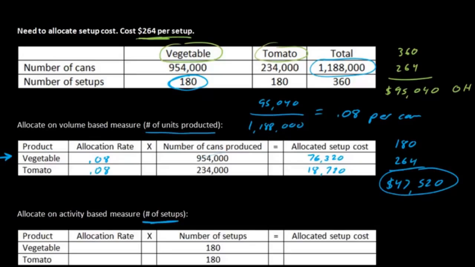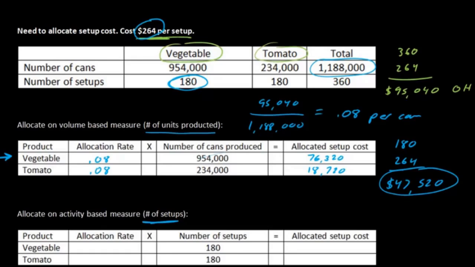So what we can do to fix this problem is use an activity-based allocation method. So an allocation is based on some kind of activity and not necessarily the volume of units produced or labor hours used. Activity like number of setups makes more sense because that's what's really driving the cost over here. So the activity would be the setups.